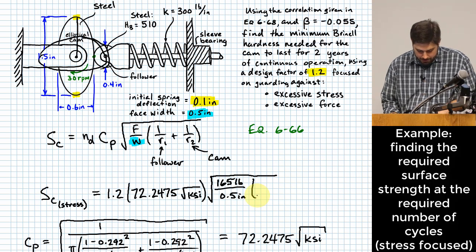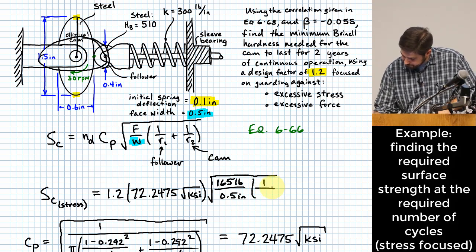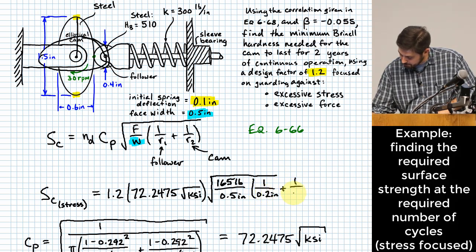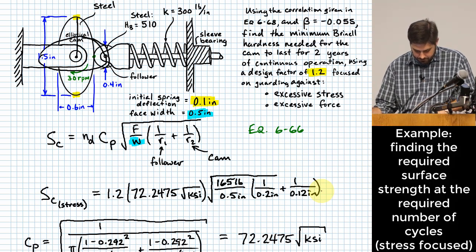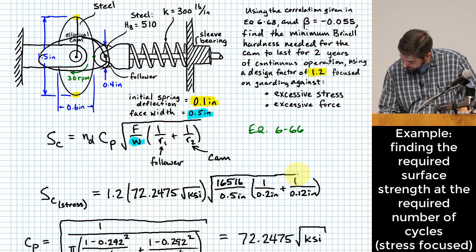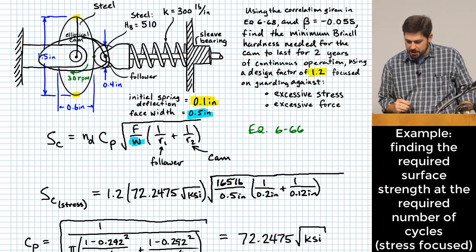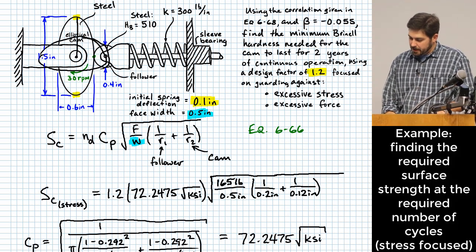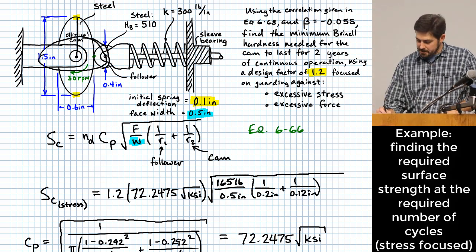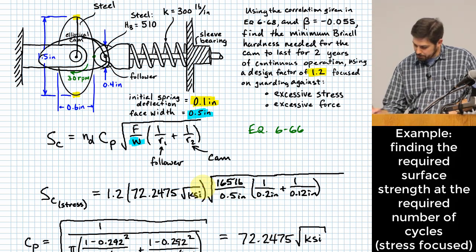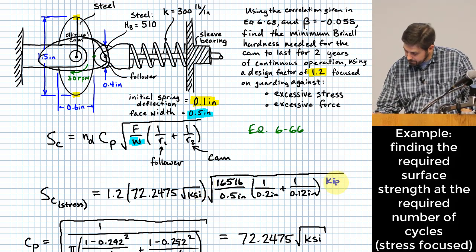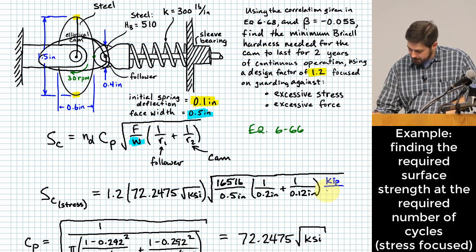This will now be multiplied by 1 over 0.2 inches plus 1 over 0.12 inches, from our two radius values we got a second ago. To make the units consistent: right now we would have this in PSI, correct? I want to make it consistent with the KSI over here, so I'm going to multiply by a kip per 1,000 pounds.